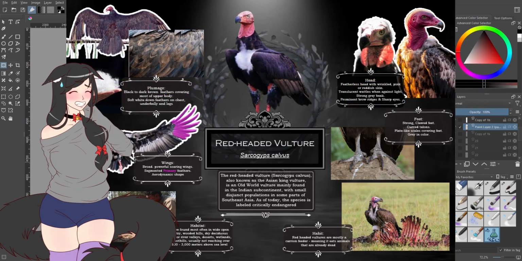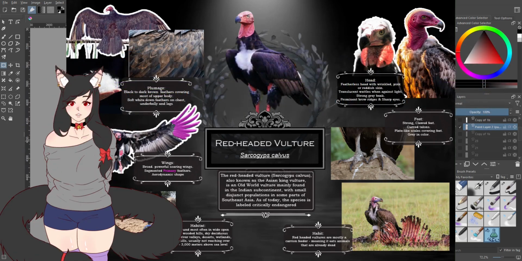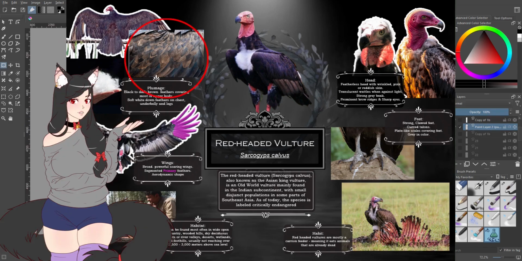Moving on to the actual project, there are many things to love about vultures, such as their lively, deep plumage, as well as their wings, which are strong and powerful and have this interesting shape where the tip, as you can see, frays out just a little bit, adding that much of a visual difference.